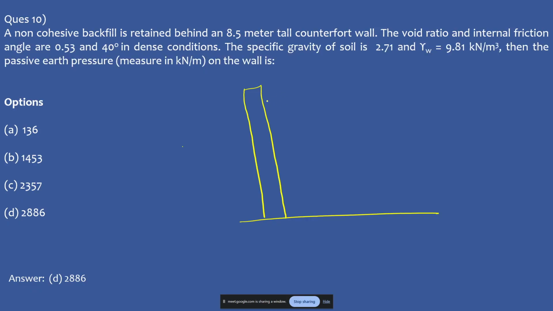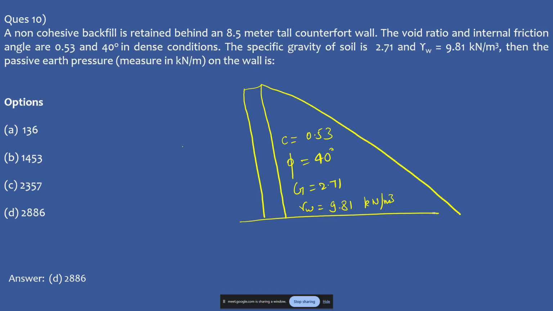The void ratio e of the soil is 0.53, and the friction angle is 40 degrees. The specific gravity of the soil is 2.71, and the unit weight of the water is 9.81 kilonewton per meter cube. So let's say this is the soil medium available to you.